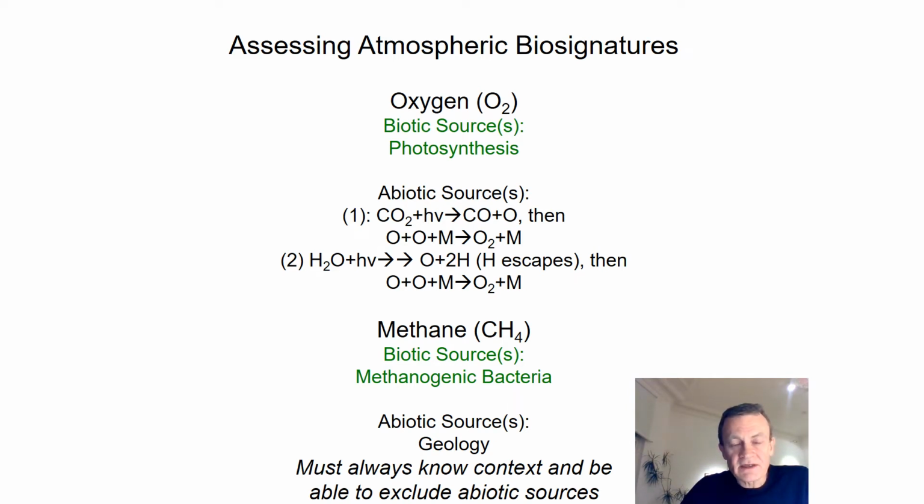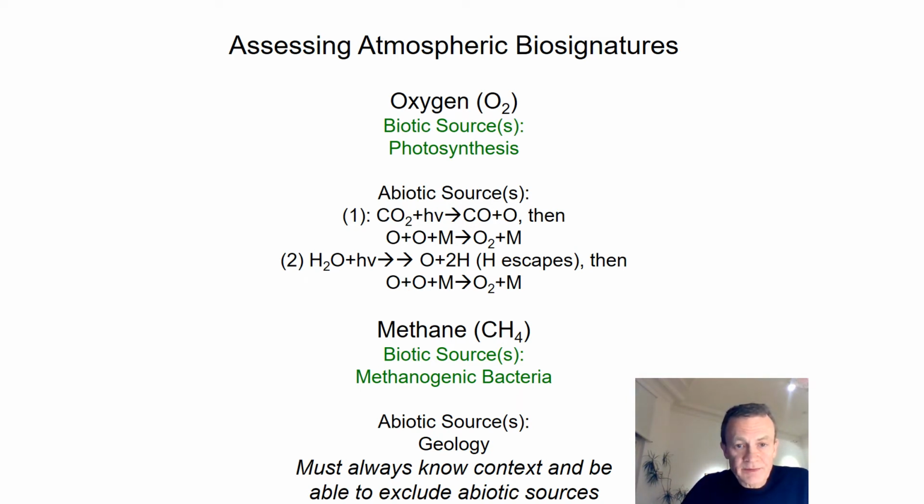M here means any atmospheric species which is needed, because if the O and O come together, the conservation of energy means they will bounce apart again unless there is an M there. Any molecule which happens to be nearby can be M, absorbing the excess vibrational energy and making sure they stay together. And they can form oxygen, O2.